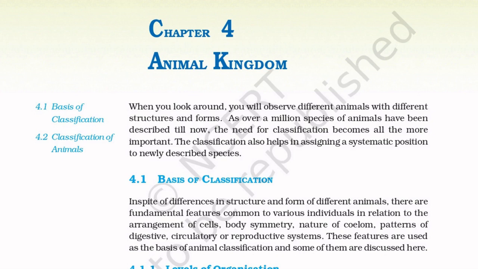A still higher level of organization, that is organ level, is exhibited by members of Platyhelminthes and other higher phyla, where tissues are grouped together to form organs, each specialized for a particular function.